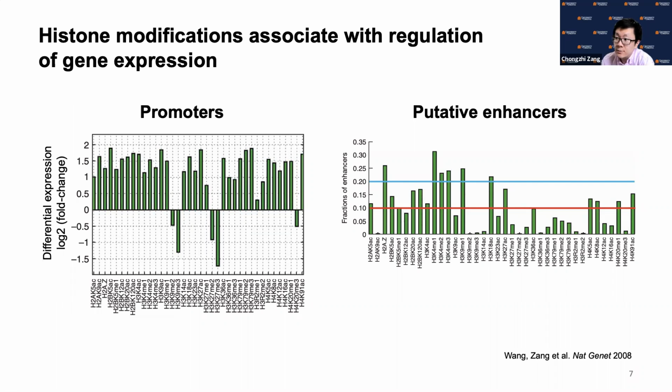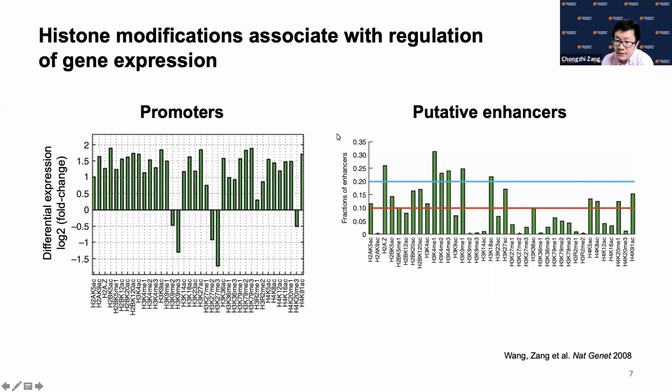As we can see in this plot, most of the histone modifications have an elevated association with gene expression, whereas some other modifications have a reverse correlation, meaning that having this modification gives lower expression than the genes that do not have it. That's directly affecting gene expression if the modification is at promoter regions.